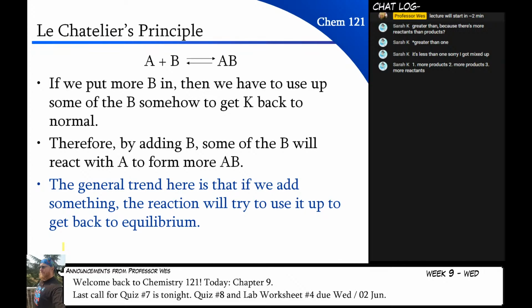Now, generally speaking, if you add something to your container, the reaction tries to use up what you added. However, there are other actions you can do. You can remove something. If you remove it, the reaction will try to replace what you took out, because removing something wrecks your equilibrium just as much as adding something, right?